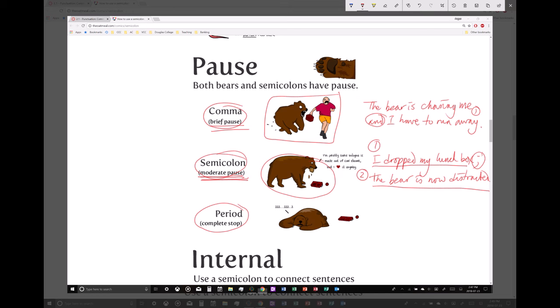Here, the last one. I'll use a sentence like this. The bear ate the food. Full stop. Now he is fast asleep.